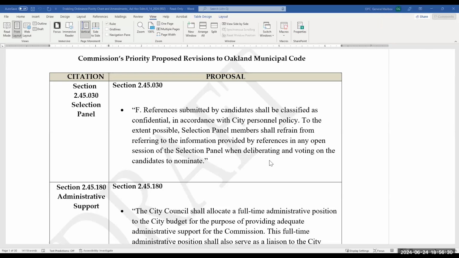Yeah, I wanted to say that this is something that has been recommended in view of some of the problematic appointments that have been made that appear to be partly a result of the fact that the references that are provided by the applicants may be less likely to be candid if they know that what they say is going to be recited in open session.